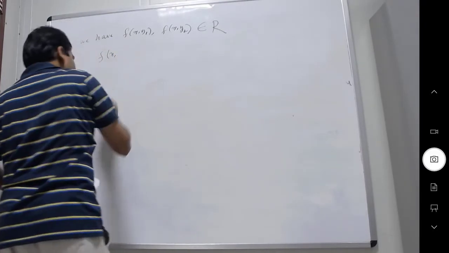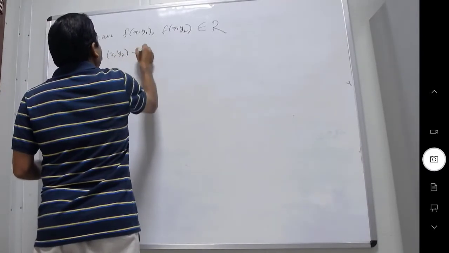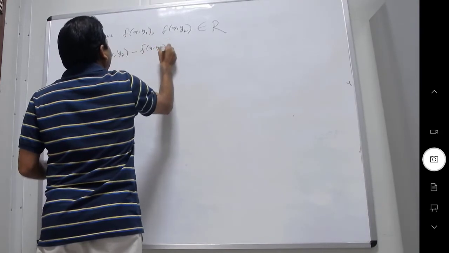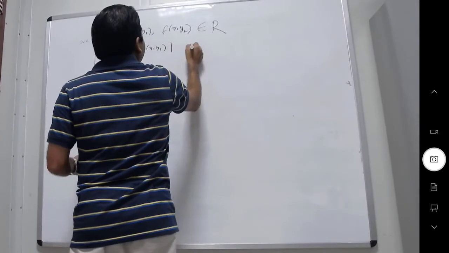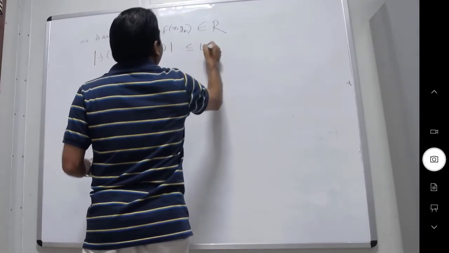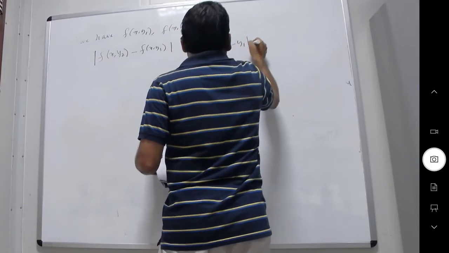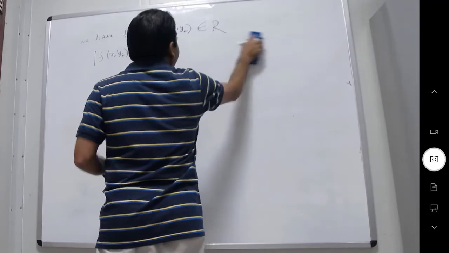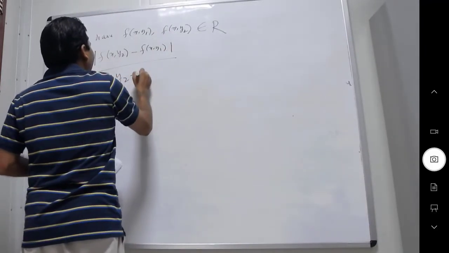We have to show that |f(x, y2) minus f(x, y1)| is less than or equal to L times |y2 minus y1|. So what I will do now is simply divide by |y2 minus y1| here.